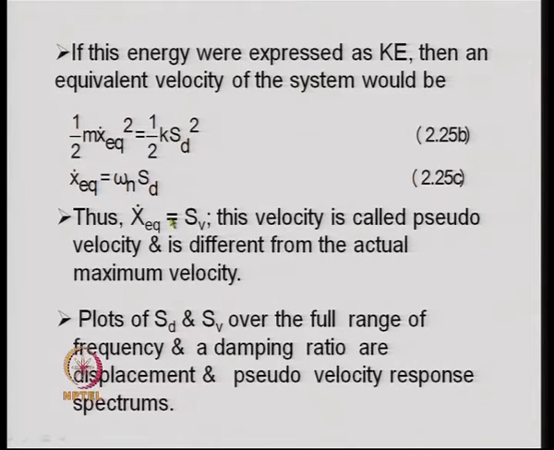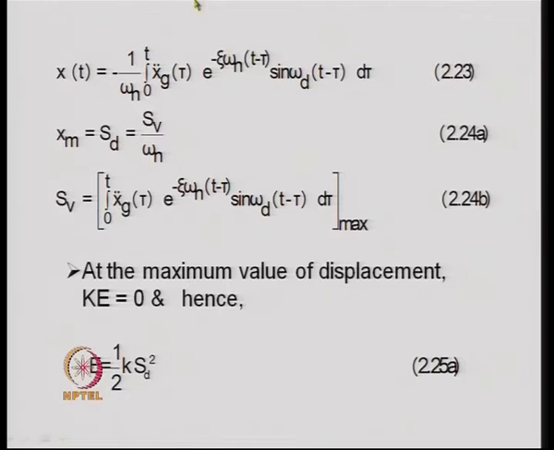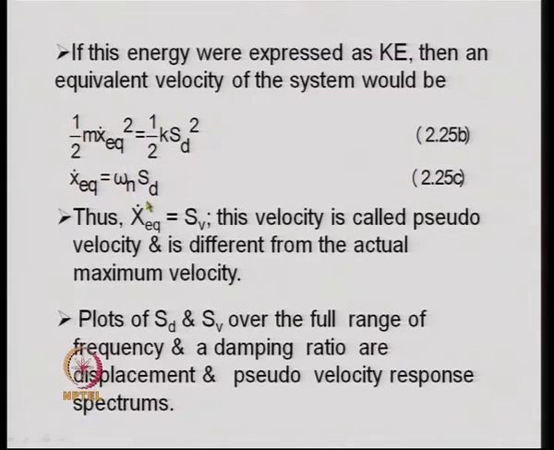Now, if we look at the previous relationship that we have written, x m is equal to SV by omega n, then we see that this x dot equivalent is nothing but SV itself. So, we can write x dot equivalent is equal to SV.